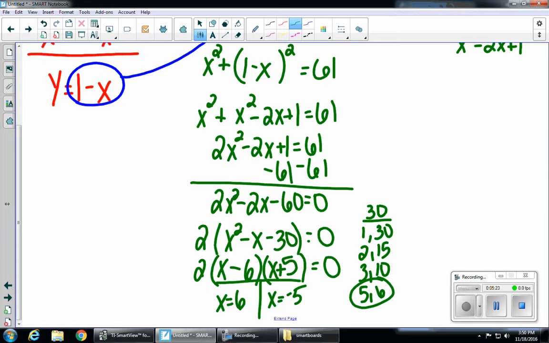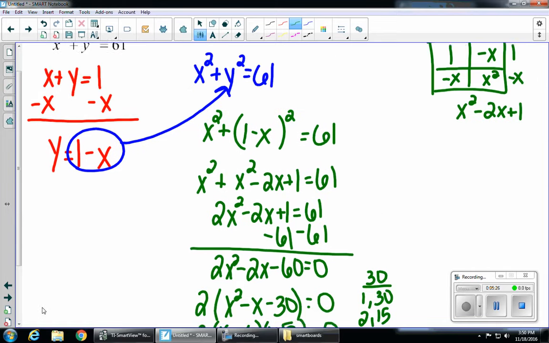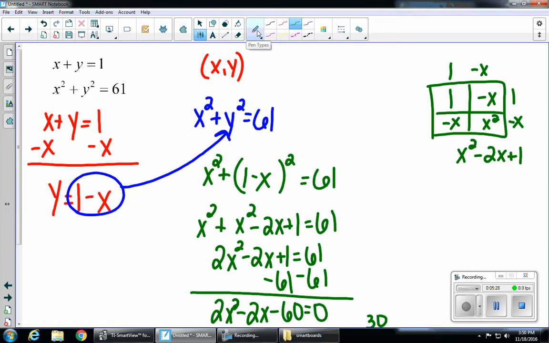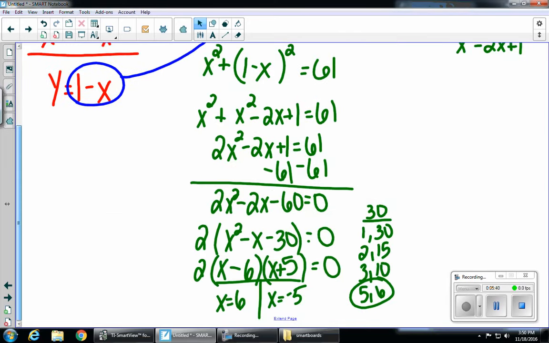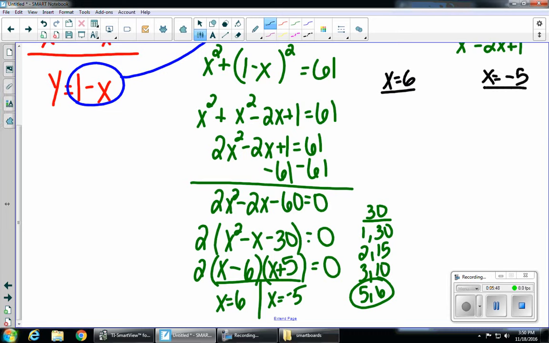But if you remember back at the top, I told you that you need an x comma y. So I needed to go back and get a point. I need an x value and a y value for each of my x values. So I'm going to take those 2 x values that I have, x equals 6 and x equals -5, and substitute in to find y.